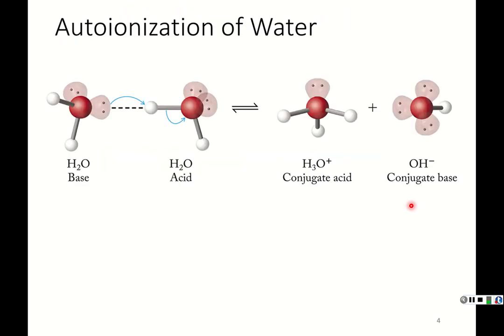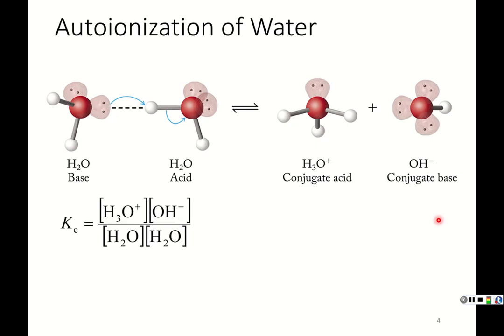This is where we left off last time, talking about the autoionization of water, how one water molecule can take a proton from another water molecule, and then you have H3O plus and OH minus. H3O plus would be the conjugate acid, OH minus would be its conjugate base. We saw how we could take our equilibrium expression and write it in terms of this reaction.